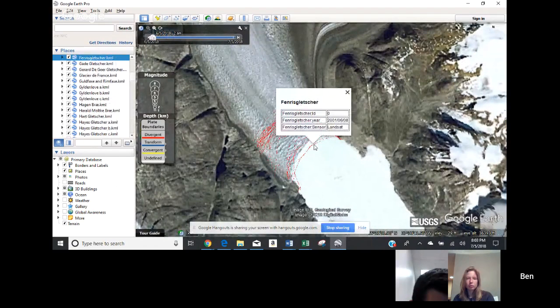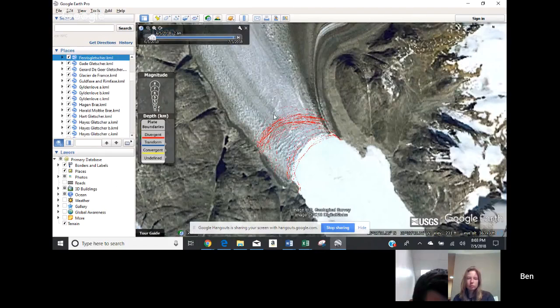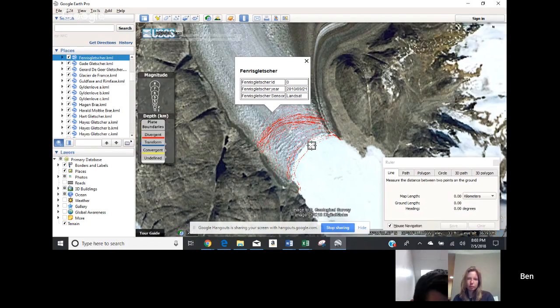But this one in 2001, and let's see, that's 2010. So from 2001 to 2010, it's only gone that far, which would be 1.78 kilometers.